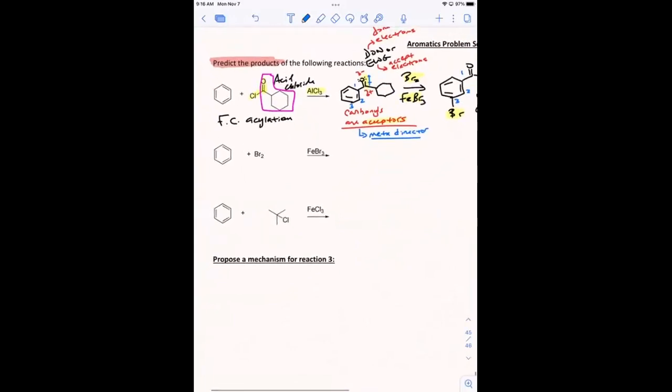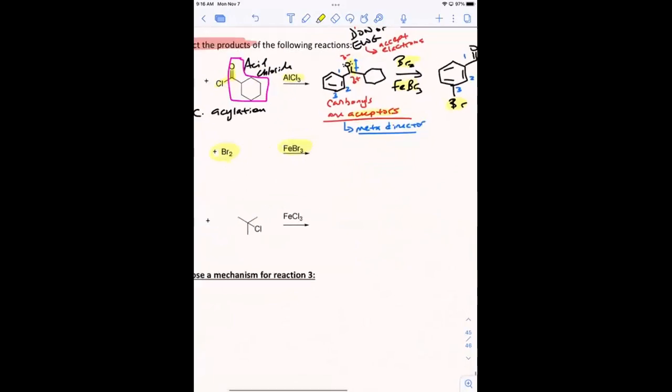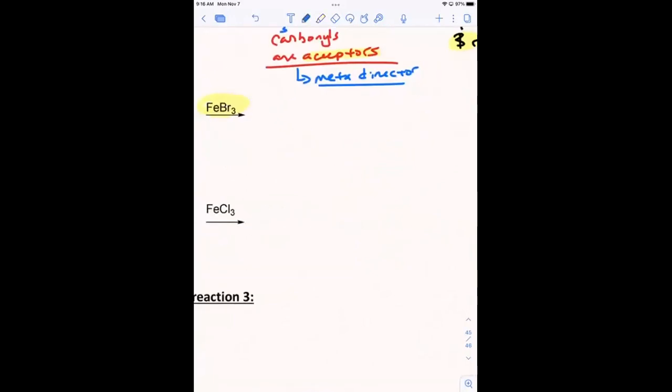number 2. What will we get from that? This is bromine in the presence of iron bromide. What would the product be from that? You know the ring is going to get substituted, but what's going to end up on the ring? Br. Bromine, right? So I can put that anywhere.